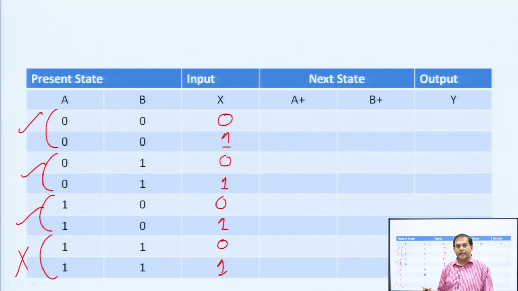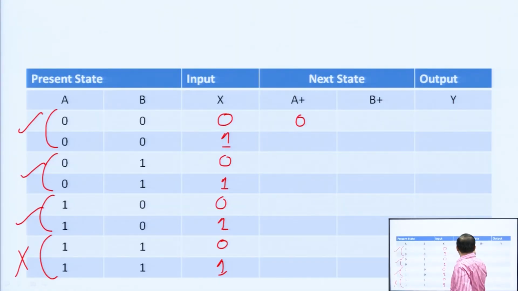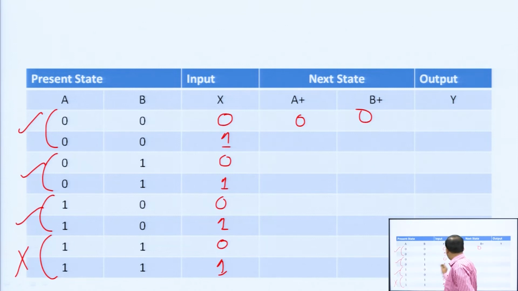Okay. So, using that only we will write the final state table. So, here the values of A B I will write like this: when 00 and x is 0 we will have 00, when x equal to 1 we will have 01.